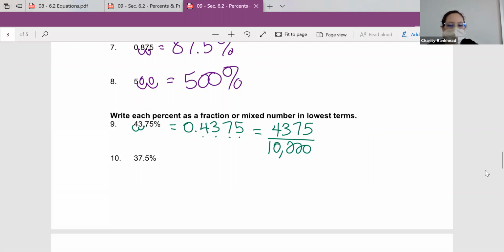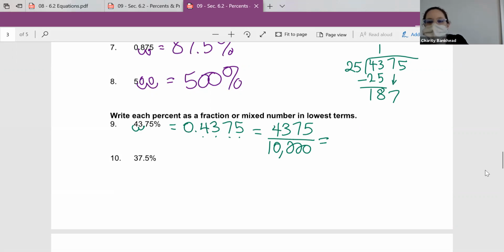Okay, so I can reduce that by 25. We'll go into both of those numbers. So 25 into 43 is 1, and that would be 18.